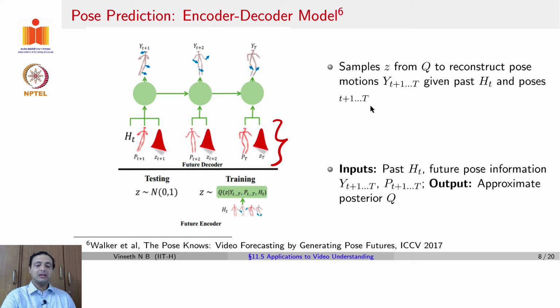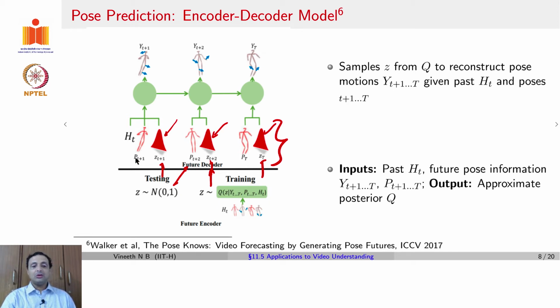So you get a sample from your prior. Along with that, those samples here are given by zt+1, zt+2, so on and so forth. Each of these red elements here are samples from a Gaussian. Along with that, you also have ht, which comes from the past encoder.